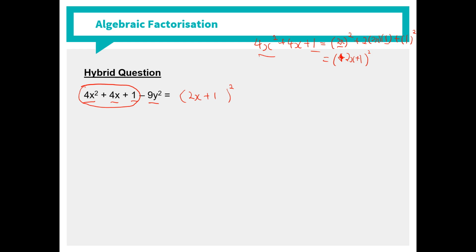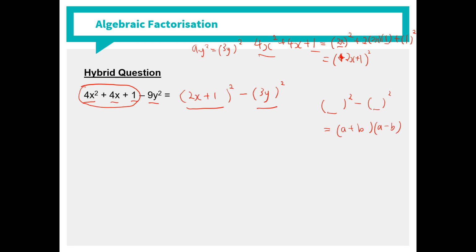Now with 2x plus 1 whole thing squared, let's try it. Minus something squared: 9y squared is actually 3y, whole thing squared. So this is something squared minus something squared, right? Remember, when we have something squared minus something squared, this is your a, this is your b, and you get a plus b, a minus b.